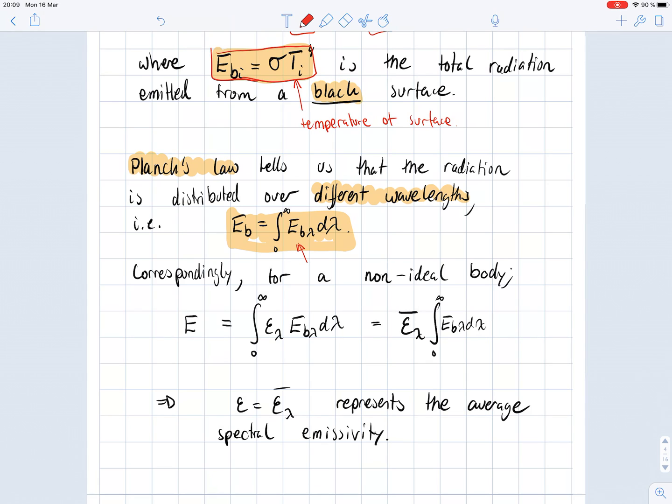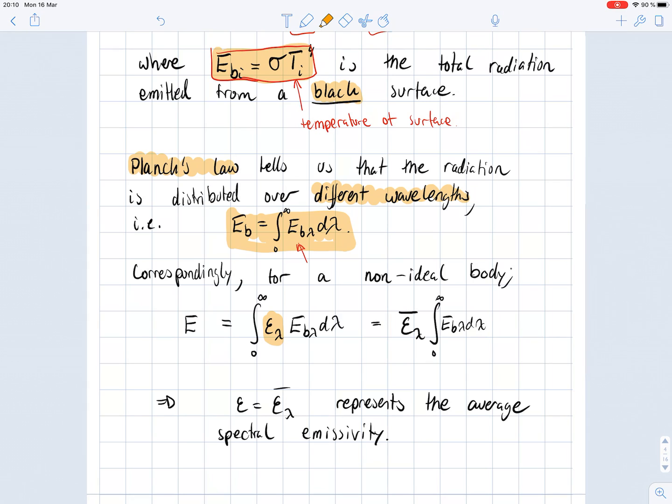So if we want to do the same thing for a non-ideal body, we will introduce an epsilon lambda, which is the so-called spectral emissivity. This spectral emissivity accounts for the fact that a surface will have an emissivity that depends upon the specific wavelength.